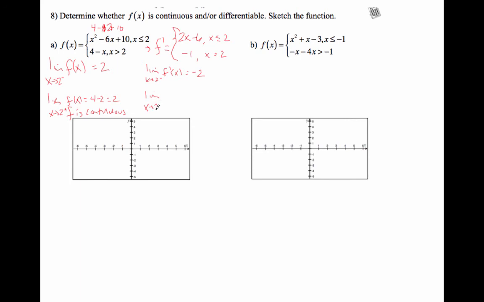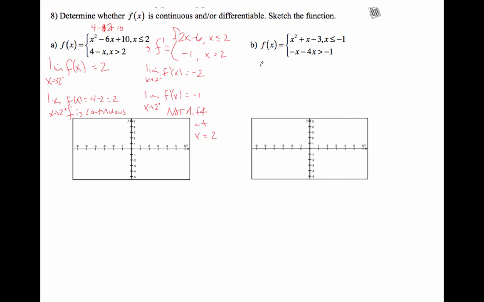We have a problem, though, because from the right, we approach negative 1, because every value bigger than 2 has slope negative 1. So that means this function is not differentiable at x equals 2. All right, and I will look at the graphs of these in a few moments. I'm going to do the work first, and then I'll show you the graphs on my Inspire. But you'll visually see what's going on at x equals 2 here, why it's not differentiable.